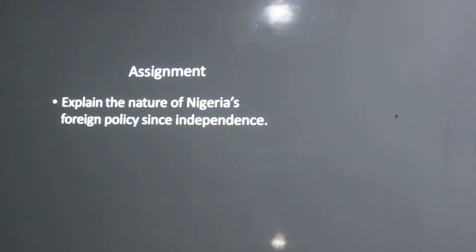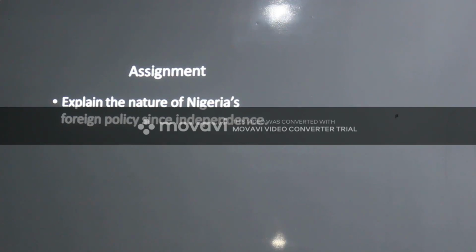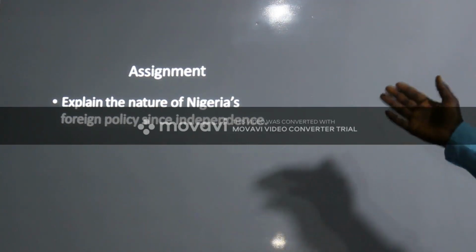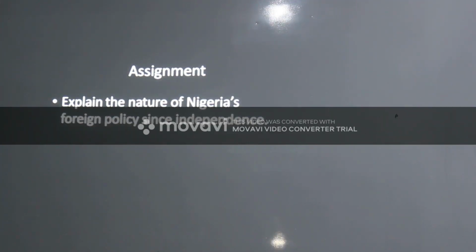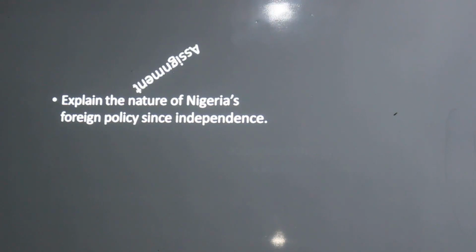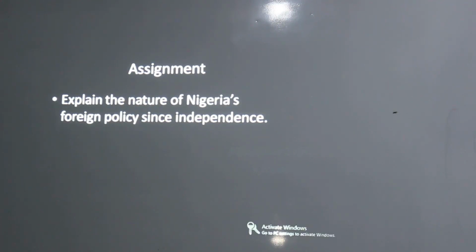In our next lesson, I would want us to come up with this explanation. Let me see how many people can actually handle this. Please take your time to write something on Nigeria's foreign policy since independence. Students, this will be all for now.